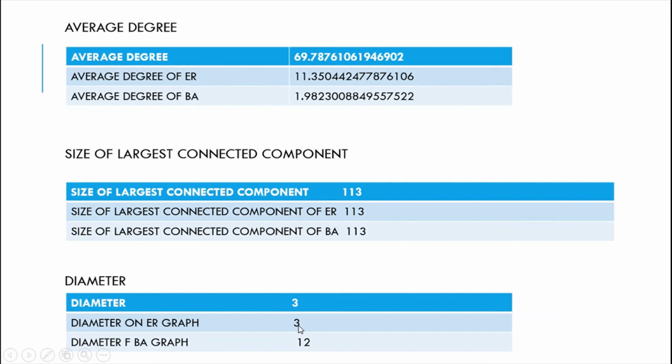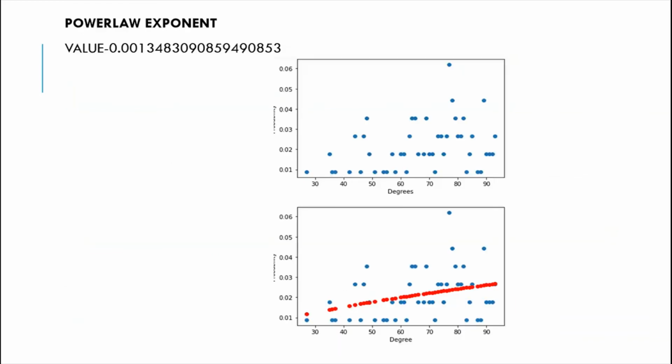The size of the largest connected component came out to be 113 for all, for ER and for BA. Diameter is 3 for the dataset, 3 for the ER graph and 3 for the BA graph. The power law exponent value here is 0.013.